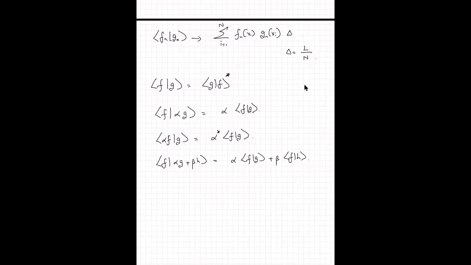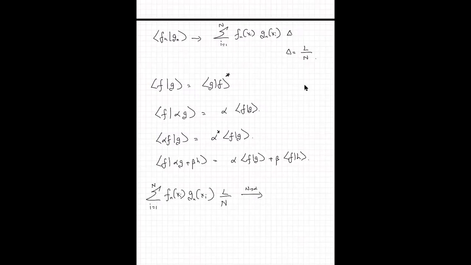So I will redefine this inner product in this particular fashion, Fn Gn times delta, where delta is simply the length of the string divided by the number of points I take. And in the limit n goes to infinity, sum over i equals 1 to n of Fn of xi, Gn of xi, L over n.